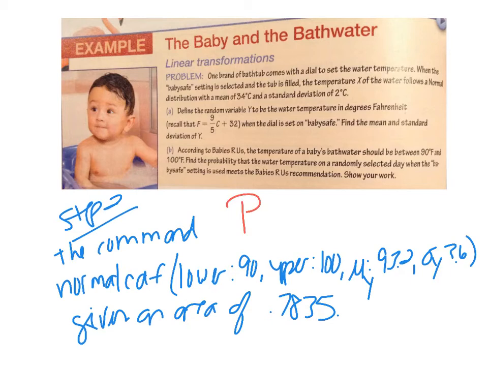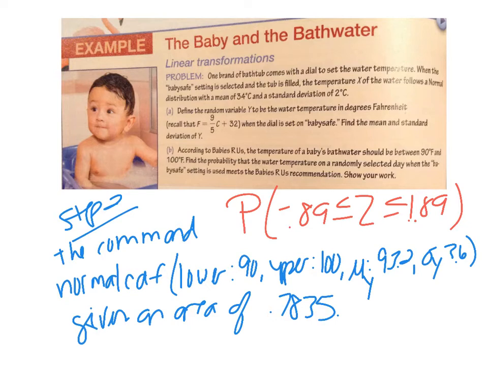My first z-score is negative 0.89, and my z-score for 100 is 1.89. Using my z-score tables, I get 0.9706 minus 0.1867, which gives me 0.7853. Again, very, very close to one another.